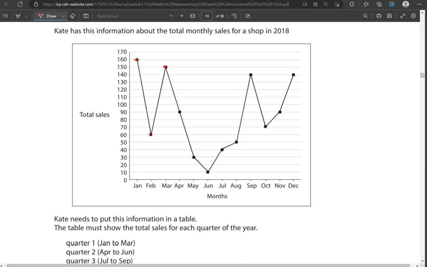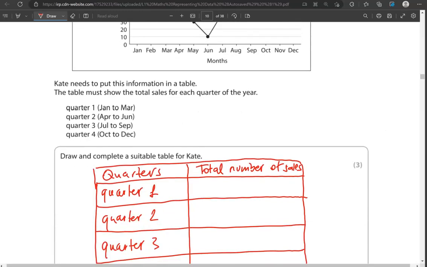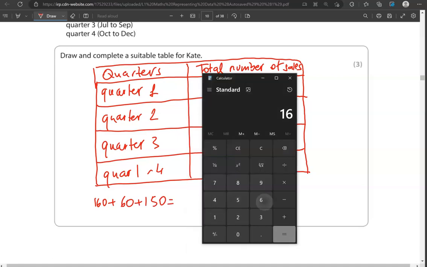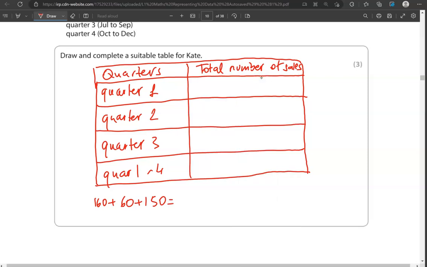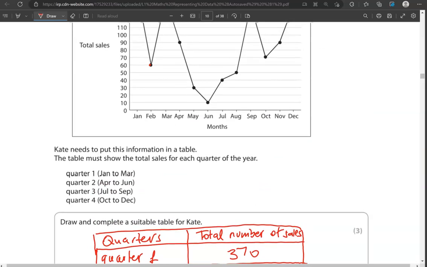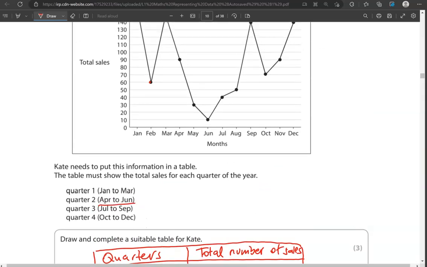So we're going to add all of these together. $370. Second quarter covers April to June.